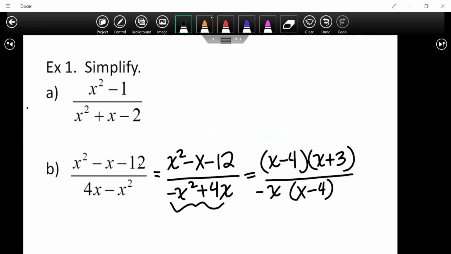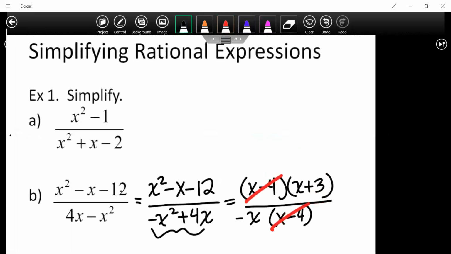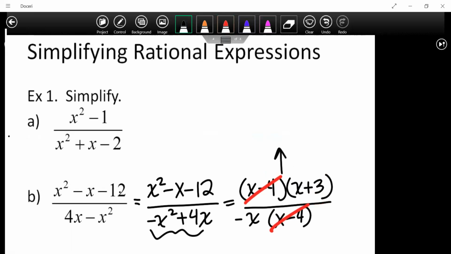And then all we want to do is just reduce down again. Our final answer, I'm going to write up above, just so everyone in the back can see it, will be x plus 3 over negative x. Okay.